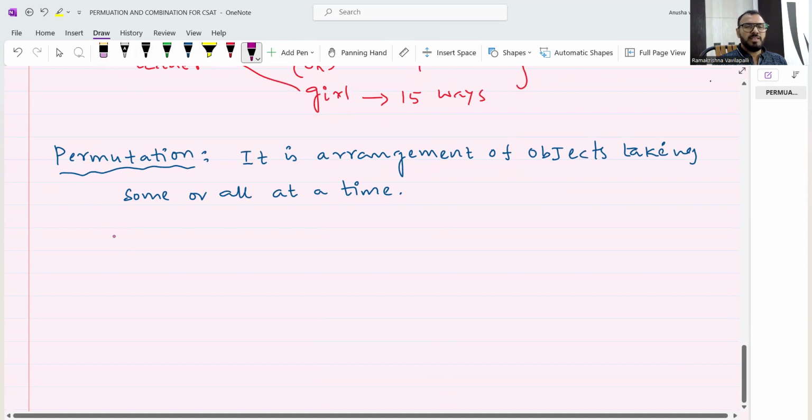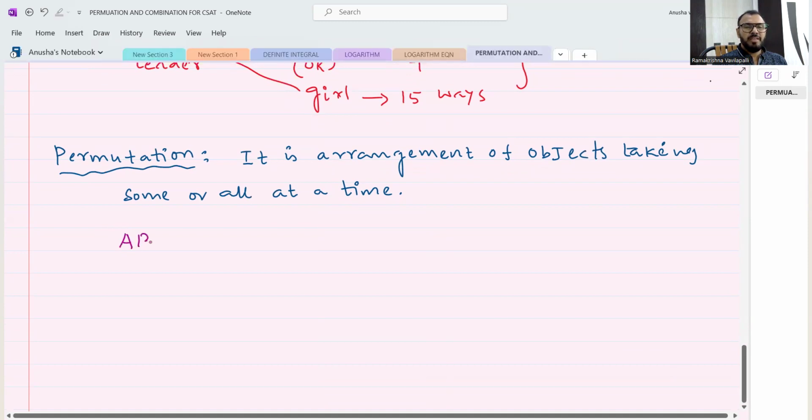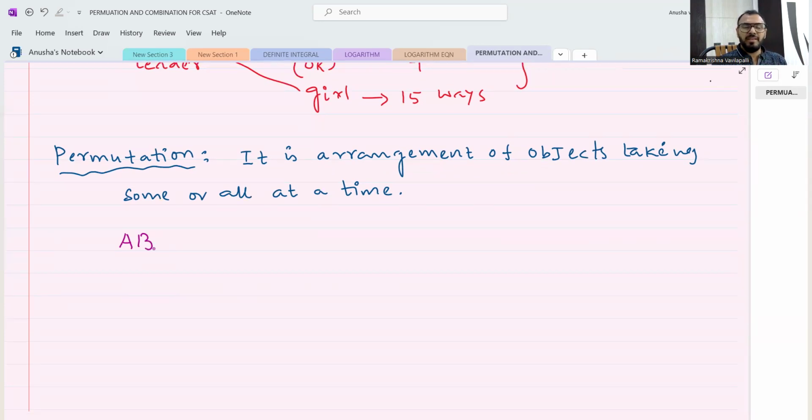Or, for example, I have given A, B. If I give two objects, you can arrange two ways, AB or BA. There are two ways to arrange two different letters.